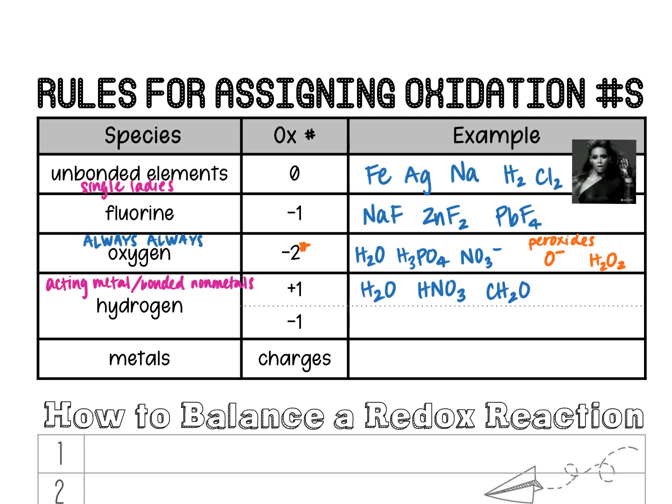Then he's got times where he acts like a nonmetal because he's bonded to metals, where he has a -1 oxidation number in compounds such as magnesium hydride, tin hydride, or sodium hydride.